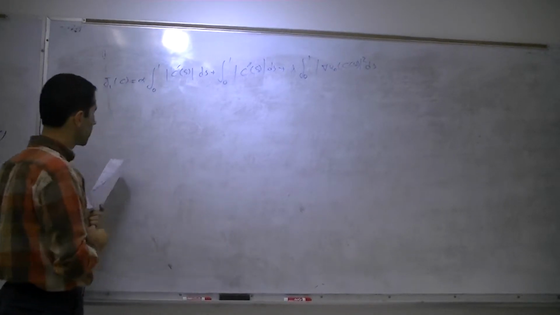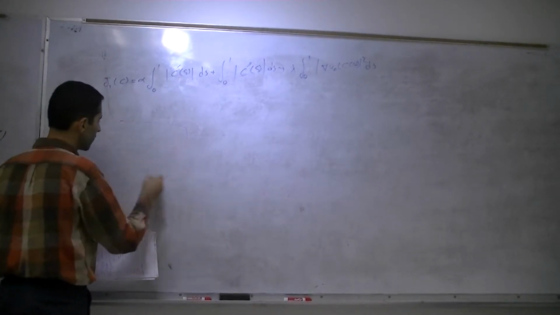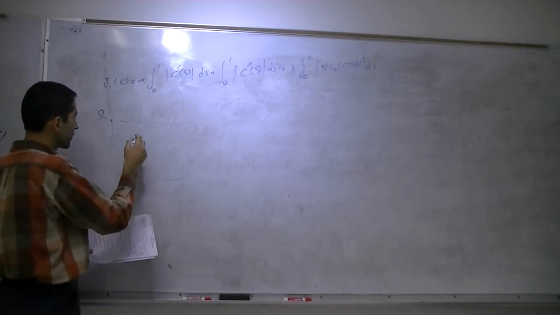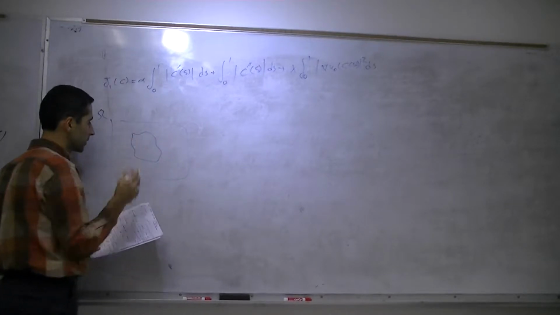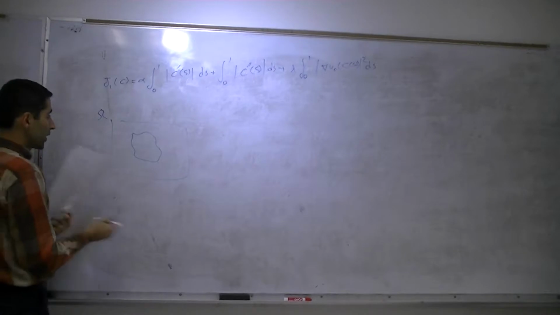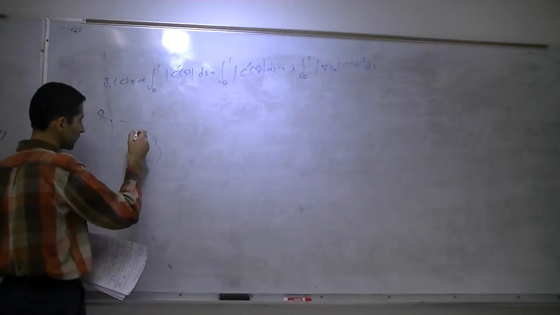The problem here is we have the entire image, we call it omega, and we have some object inside this image, and we want to fit a curve around this object.